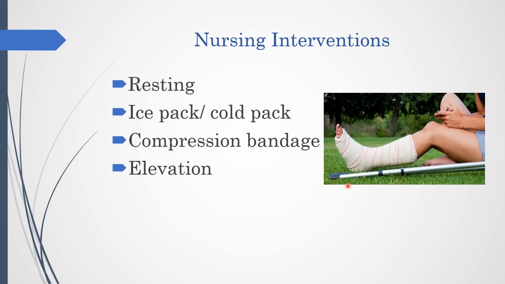In that case, we want to keep the joint stable so the joint won't move. Also, for the pain, we can use NSAIDs, non-steroidal anti-inflammatory drugs, or some other medication like Motrin to manage the pain, not prevent the pain.